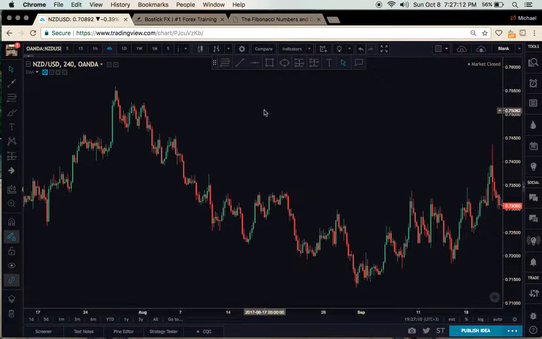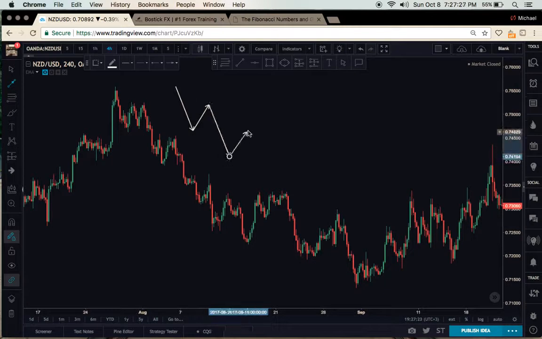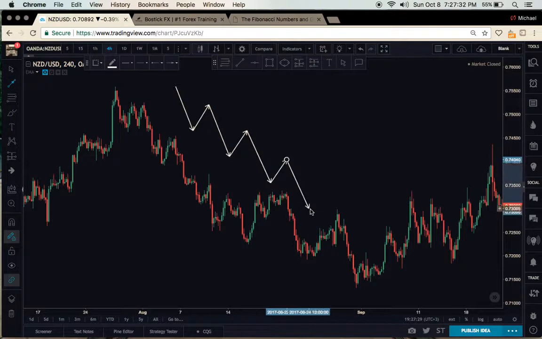Think about it: you're on a downtrend on the 4 hour, so price is putting in a high, a low, a lower high, lower low, lower high, lower low on the 4 hour chart. But if you zoom in to say a 1 hour chart or a 15-minute chart, this retracement on the downtrend is actually an uptrend on a smaller time frame.